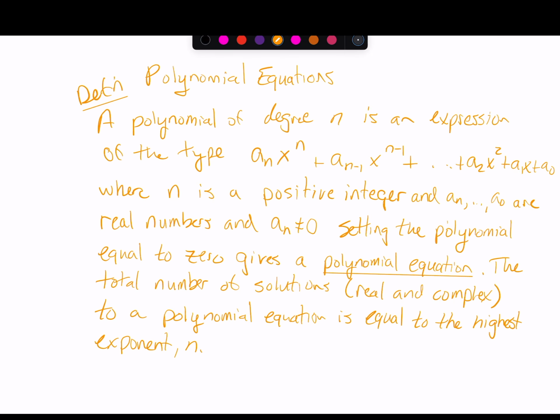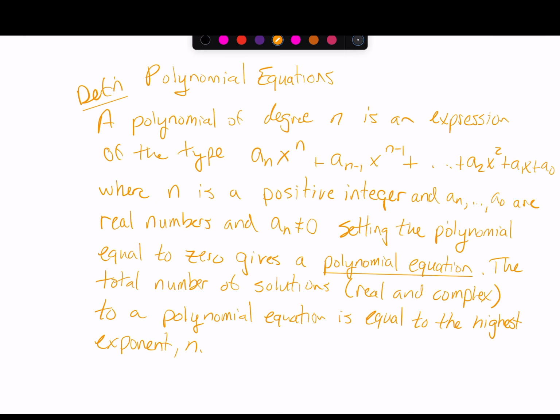For our next examples, we will need to have the definition of a polynomial equation. A polynomial of degree n is an expression of the type a subscript n times x to the n power plus a subscript n minus 1 times x to the n minus 1 power plus all the terms in the middle plus a2 x squared plus a1 x plus a0, where n is a positive integer and the a subscript n to 0 are real numbers, and the leading coefficient a subscript n is not equal to 0.